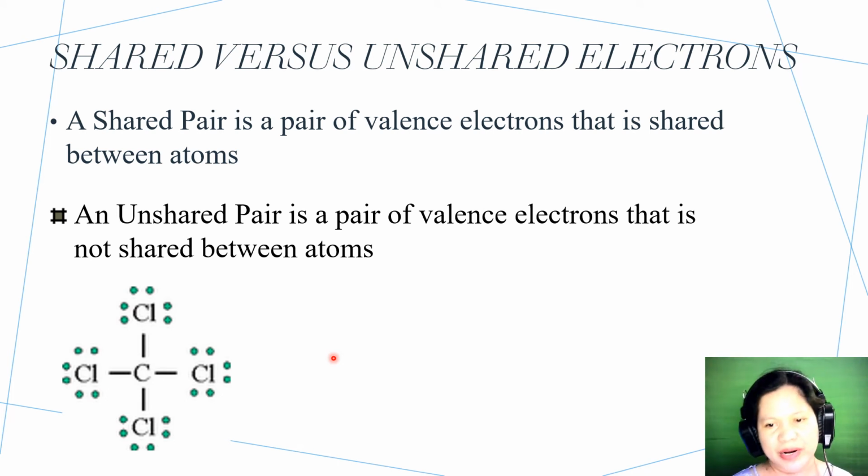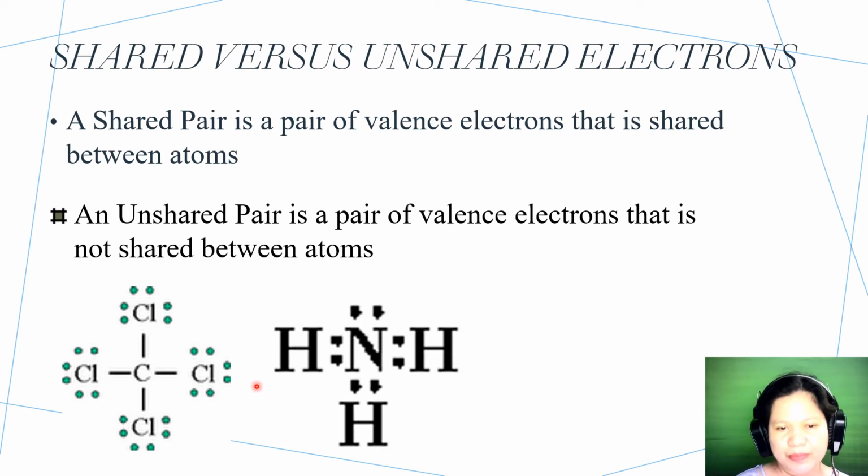How many shared electrons meron lang? 4. Tag-iisa galing doon sa chlorine, at doon sa carbon na 4. Ano yung mga unshared? Okay, unshared electrons are the electrons located in chlorine na hindi naka-pair doon sa carbon.